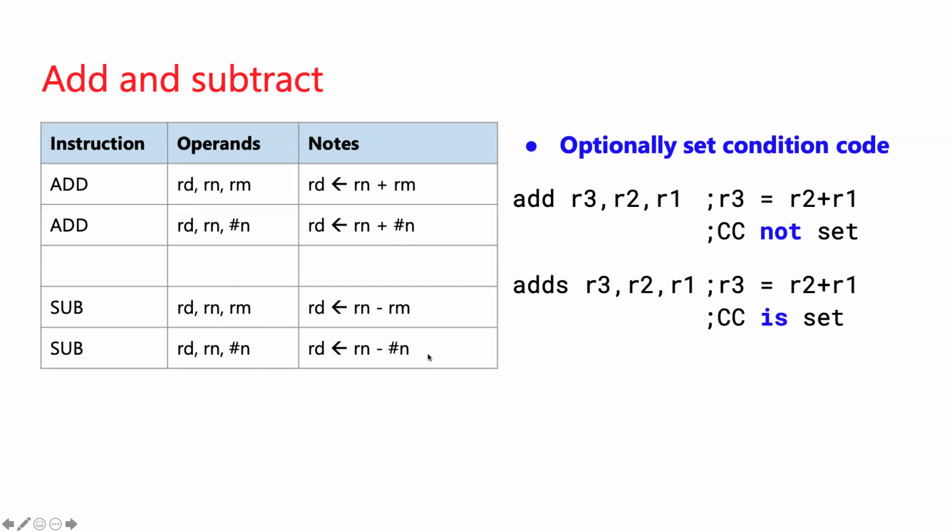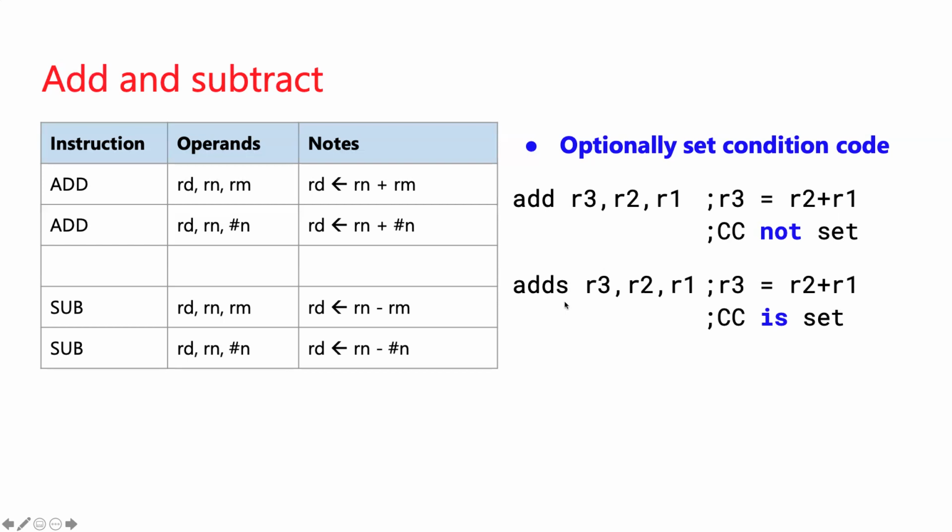Oh, but we mentioned this before. This is just our first time seeing it. We said a lot of instructions can optionally set the condition codes. And load and store instructions don't do that, but this one can. If you put an S at the end, that tells it to set the condition codes.